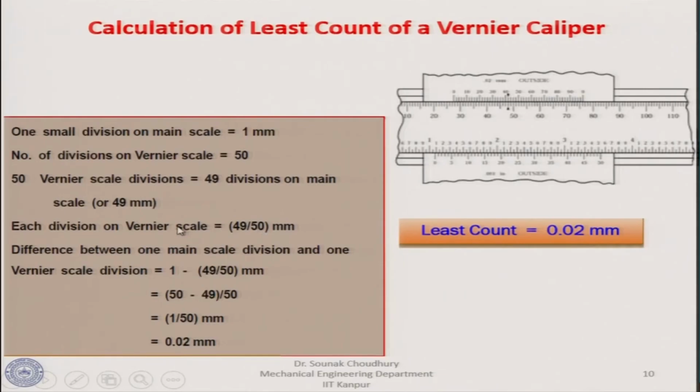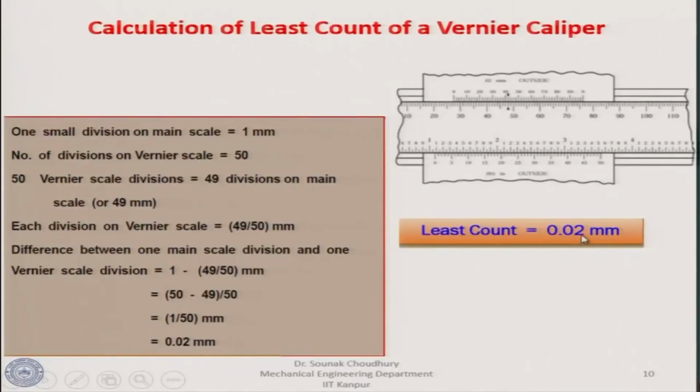Once again, 50 vernier scale divisions are equal to 49 divisions on the main scale. So, 50 will envelop 49 of the main scale, therefore one division is 49 by 50, and 1 minus that will be the vernier scale difference. This will be equal to 0.02, and this 0.02 is considered to be the least count of the vernier caliper. In this way the least count has to be found out, and the smaller the value of the least count, the better, because in that case the accuracy of measurement is more.